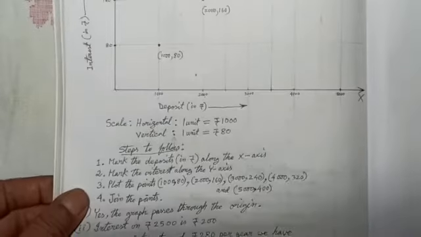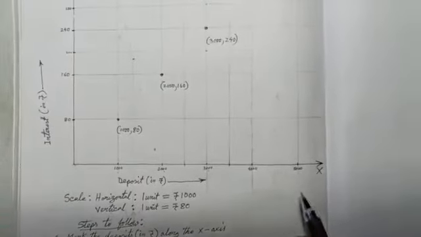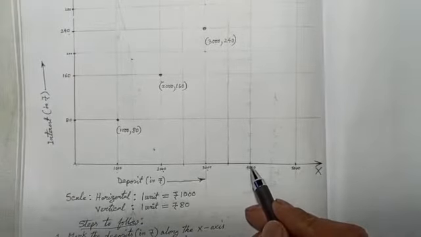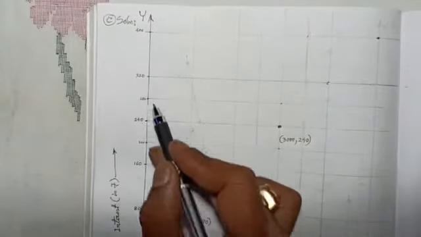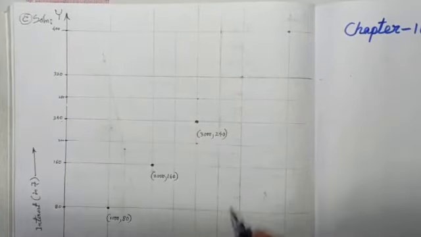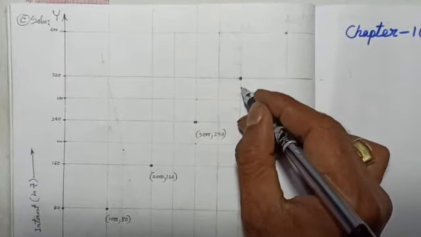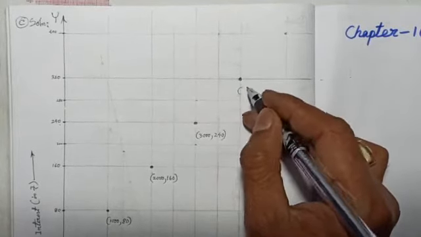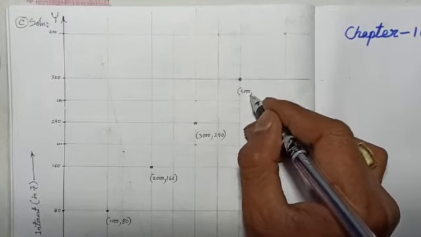Next is 4,000 and 320. So 4,000 is here, we are drawing a perpendicular line, and next is 320. So here is 320, and we are drawing another perpendicular line, and the two intersect here, and this point is the coordinate of 4,000 and 320.